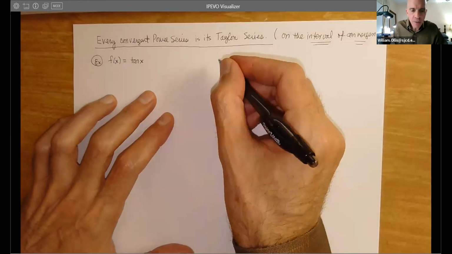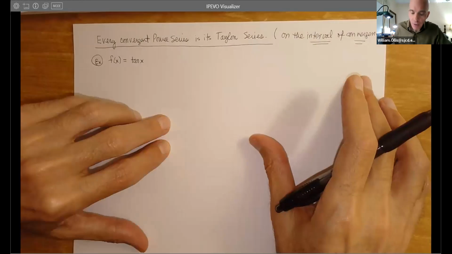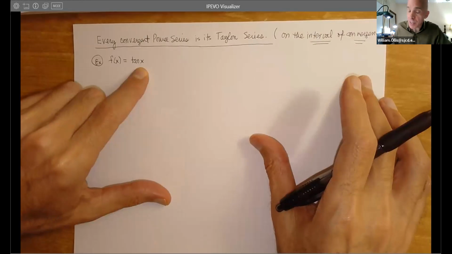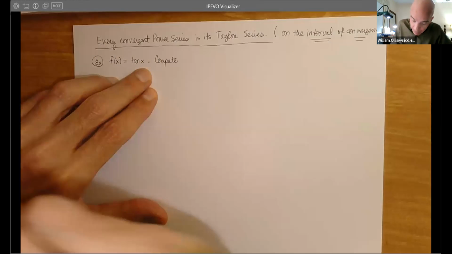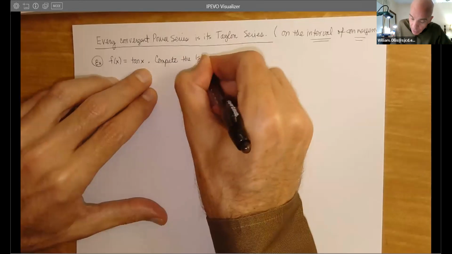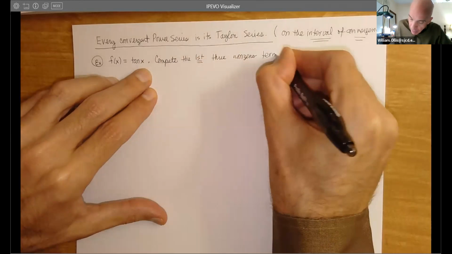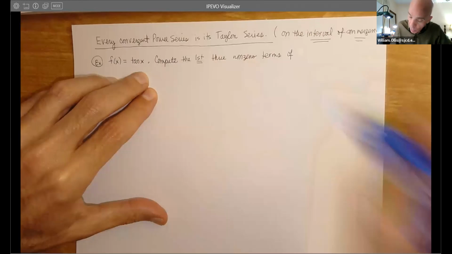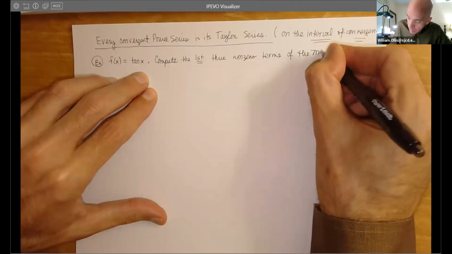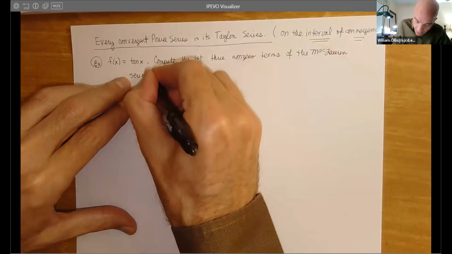So for instance, here's something that I've done here. And what I want to do in this particular example is to write the first 3 non-zero terms of the Maclaurin series for f of x.